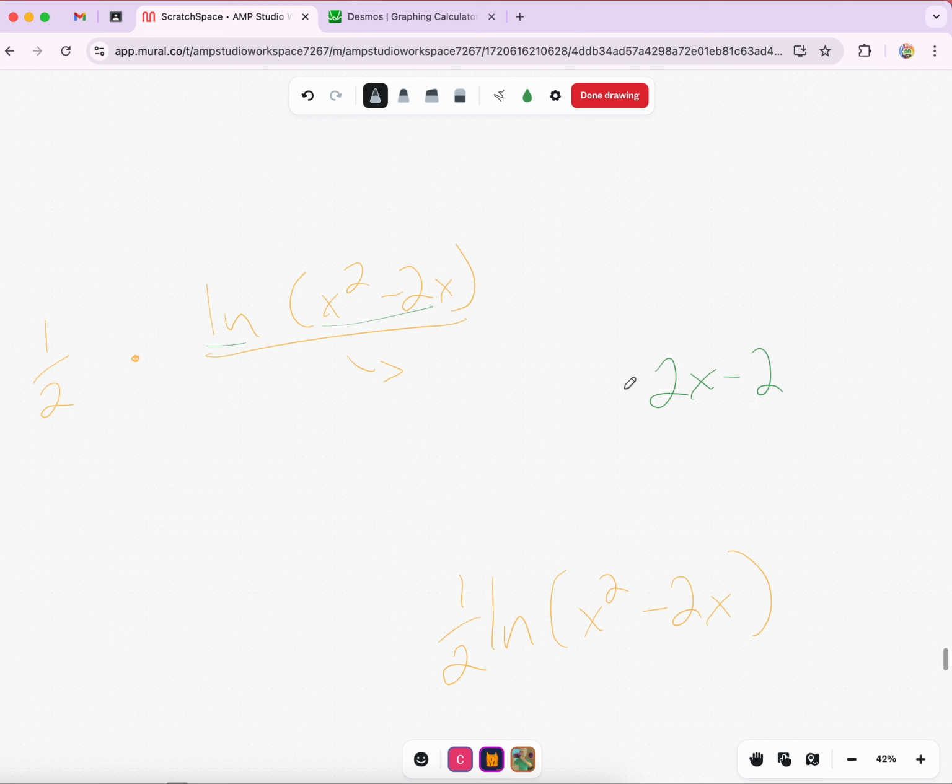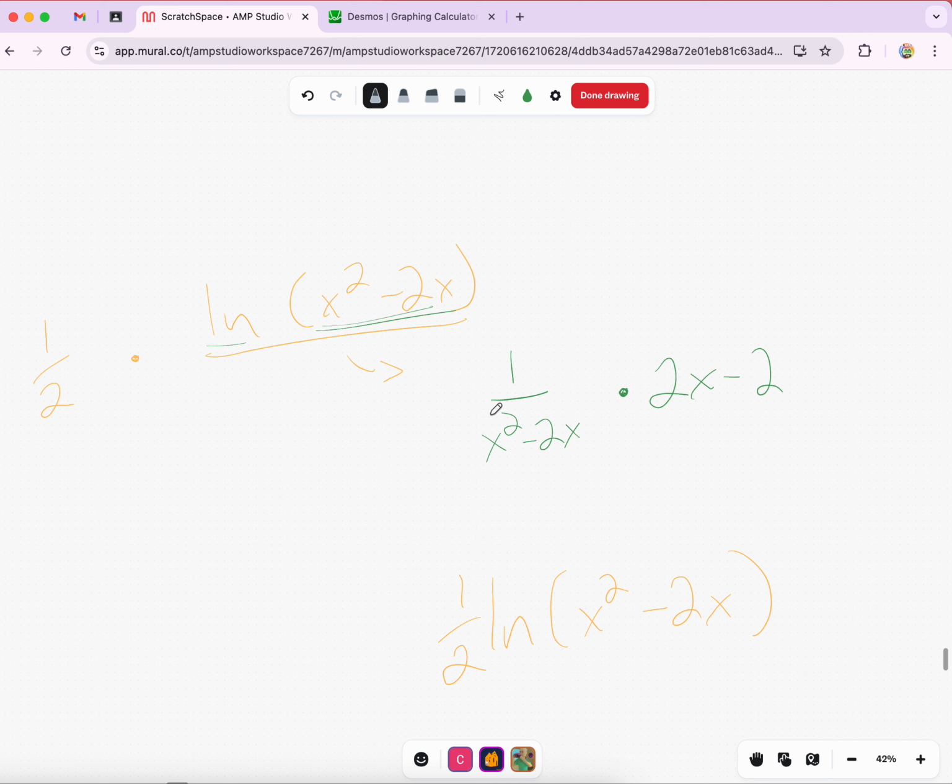That's the derivative of that half. So we know that's at the end, times the rest of our chain. What's the derivative of natural log of x? It's 1 over x. So we're going to do 1 over x squared minus 2x. We plug in the original function back into where we see x in that new equation.